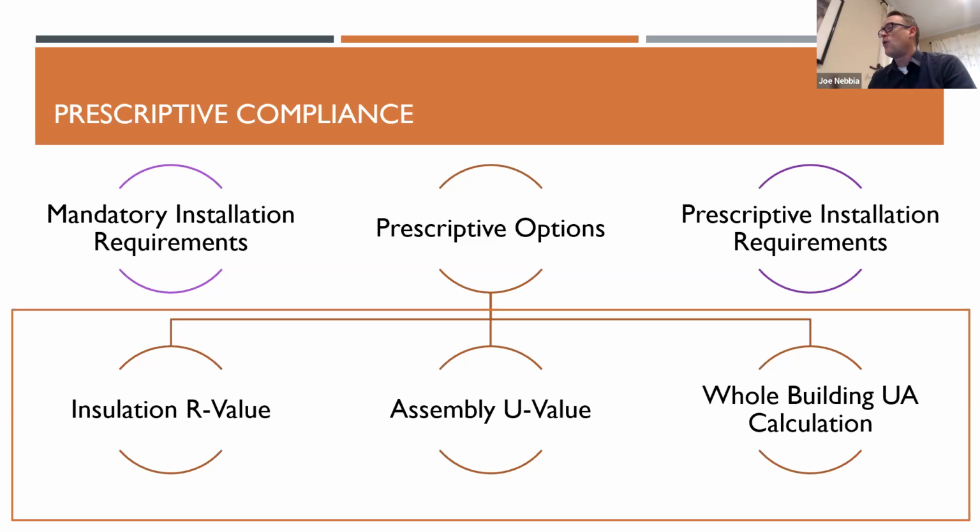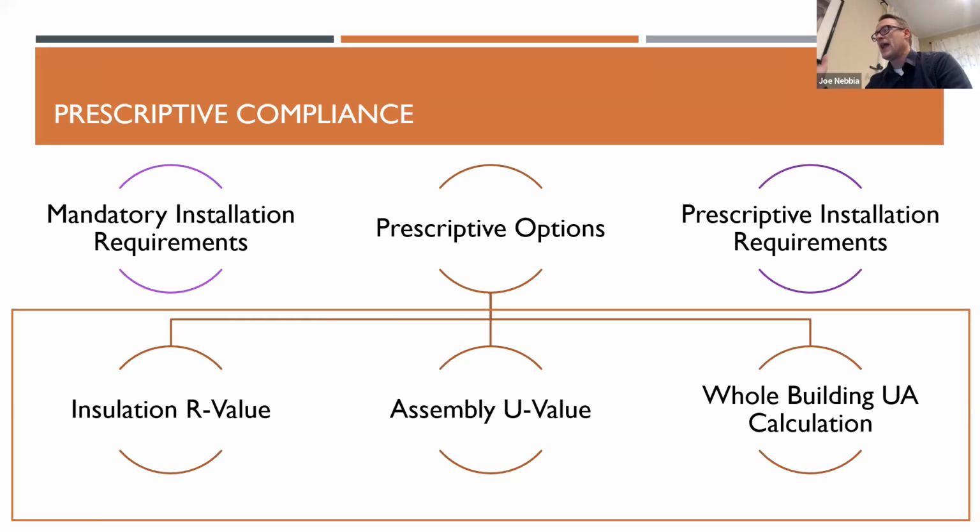And then finally, there's the whole building UA, and I'll demonstrate how to use this later in the class, where you can trade off the U value requirement based on an area weighted average. And as long as you're meeting the UA target for the whole building, U times area, you can change around how you're doing your insulation and windows.